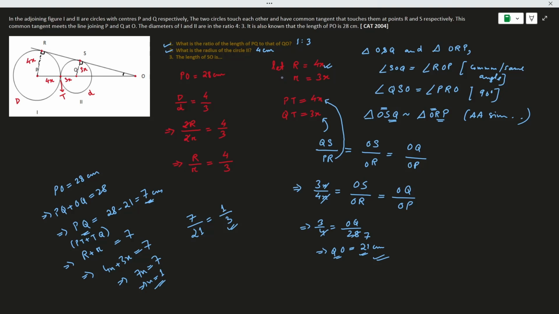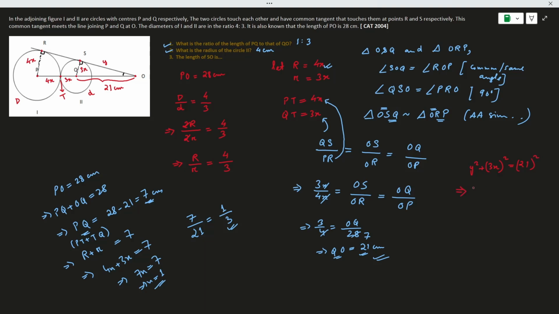Now I need to find the length of SO. This is very simple. Why? See, what is OQ? OQ is 21 centimeters, and this is 90 degrees. Suppose this is y. Now in a right triangle, I can say y square plus 3x whole square is equal to 21 square, by the Pythagoras theorem.